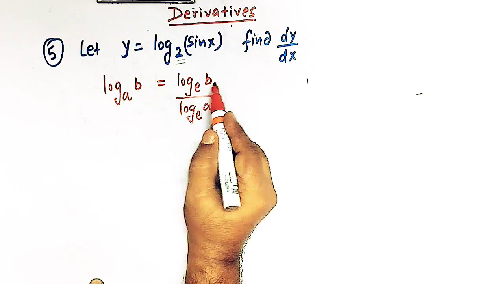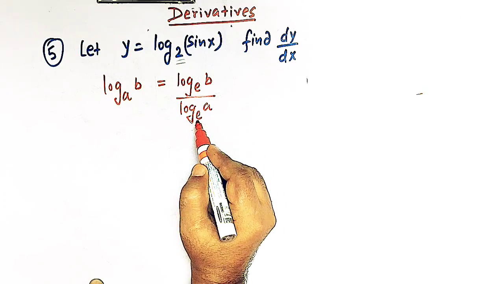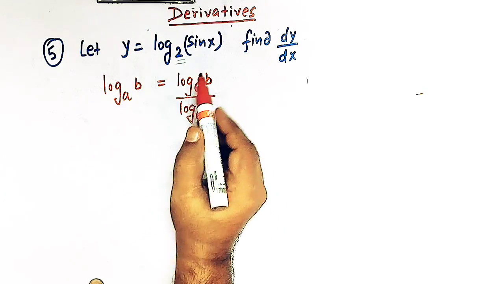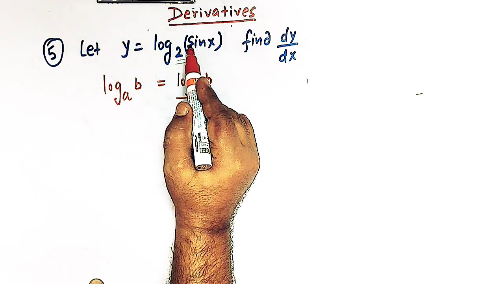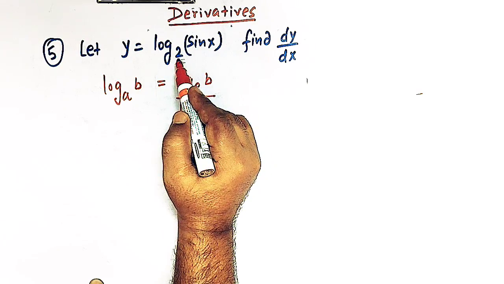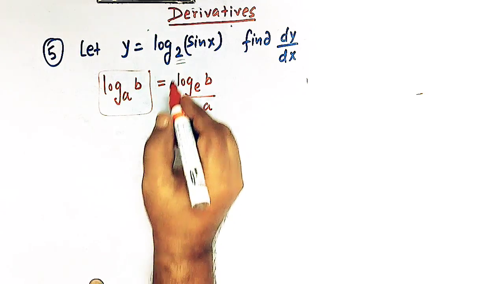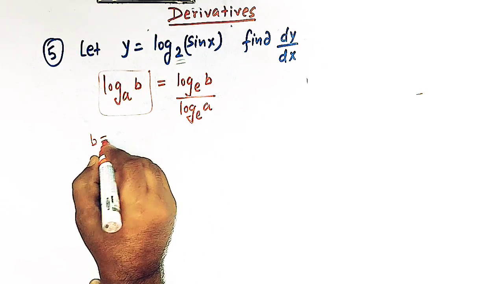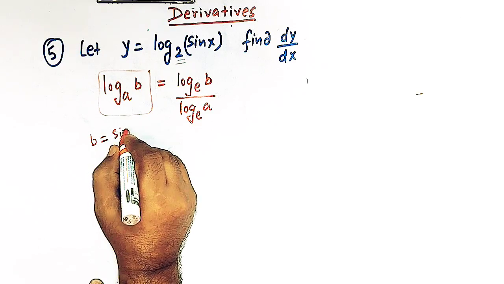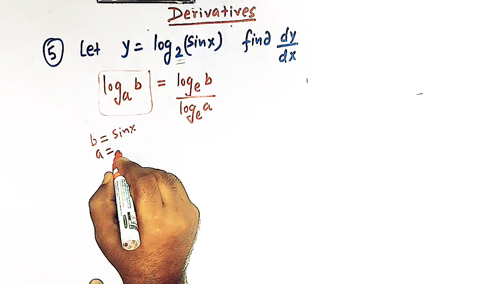So we have log of b to the base e and log of a to the base e, right? So now if we compare this expression, that is log of sine x to the base 2 with this one, right? So we have the value of b as sine x, and the value of a is equal to 2.